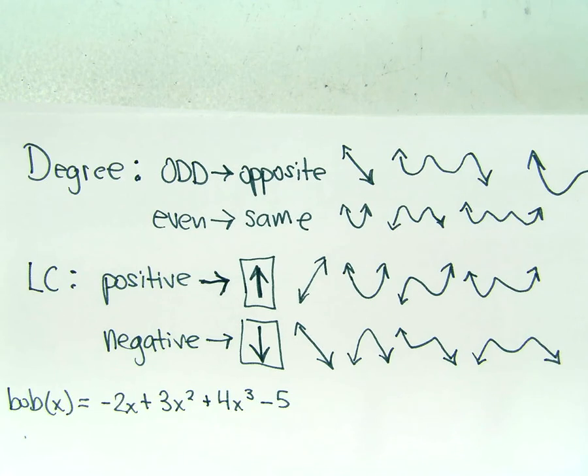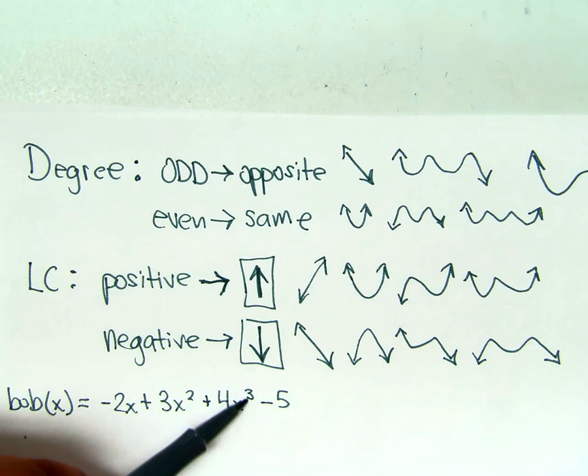Is Bob a polynomial function? Yes, because the coefficients are real numbers and the exponents are whole numbers.